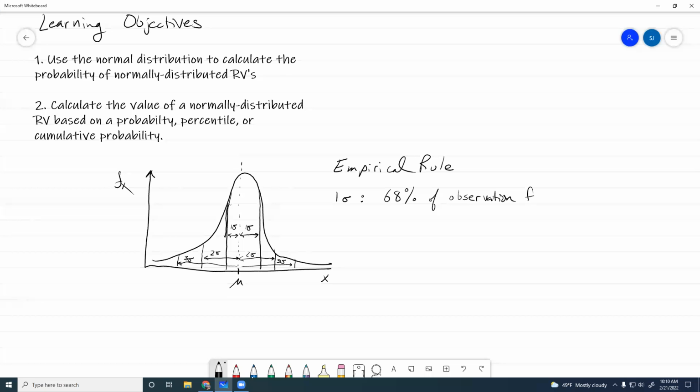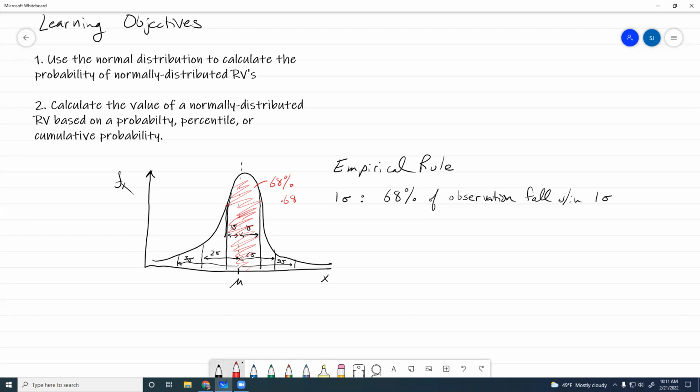We can write that another way: 68% of observations fall within 1 standard deviation of the mean. And I'll just shade that in. So this is 1 standard deviation of the mean on either side. So that's 68%, or 0.68 if we think about it in terms of probability.